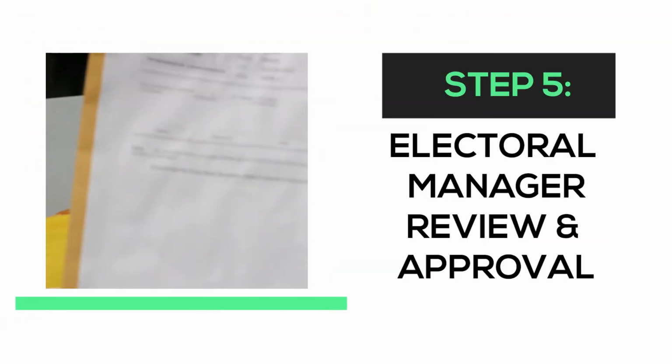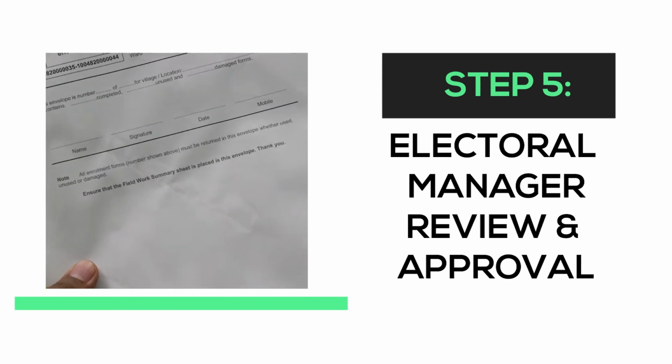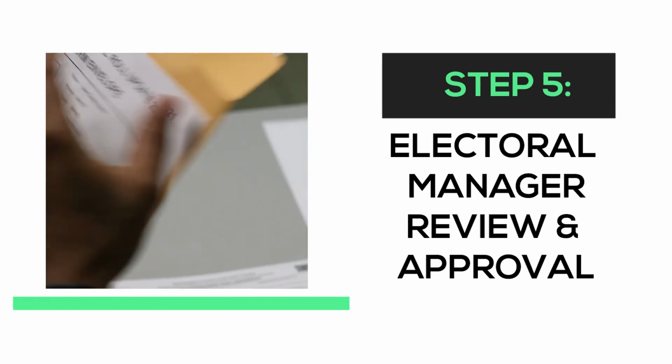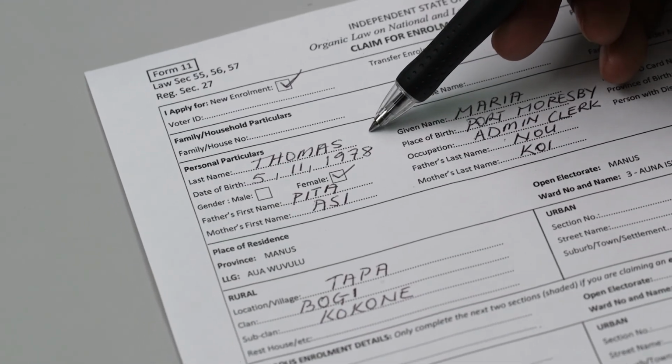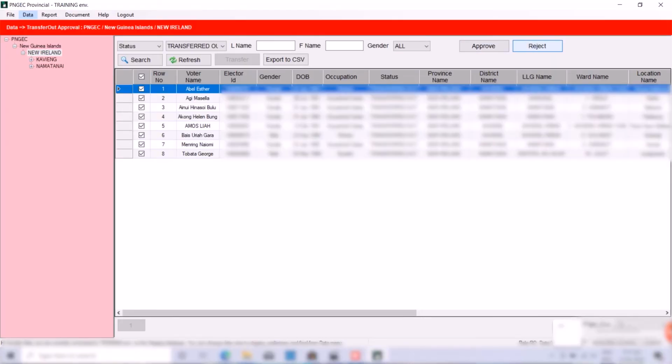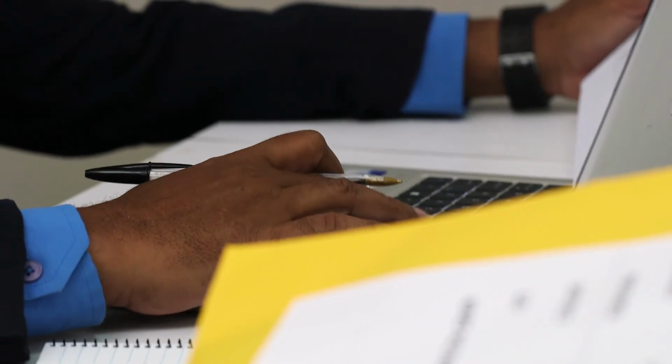Step 5. The election manager review and approval. After the data entry and synchronization is complete, the election manager will review the data entered and approve or reject the entries in accordance with the enrolment procedures. After the data is validated and approved, the output of the provincial application is the data to produce the preliminary voter roll.